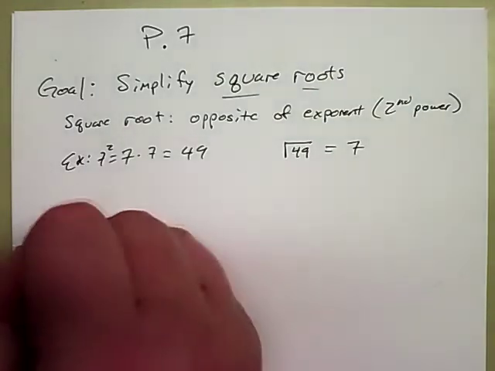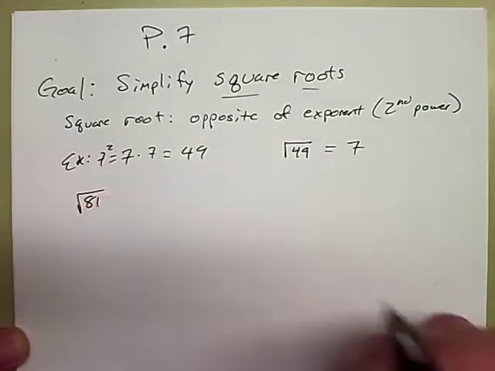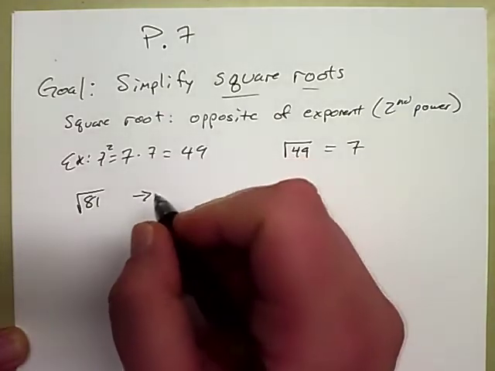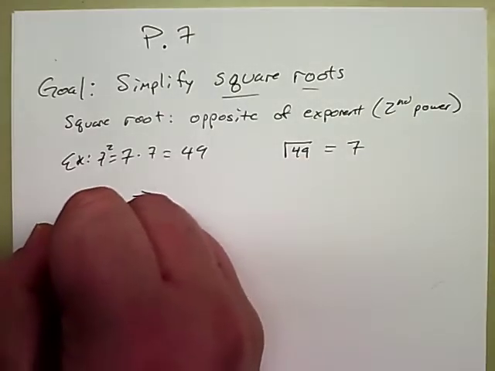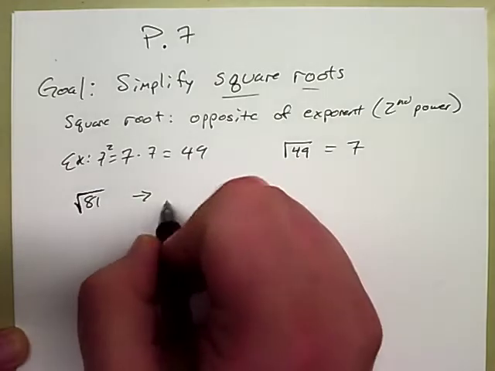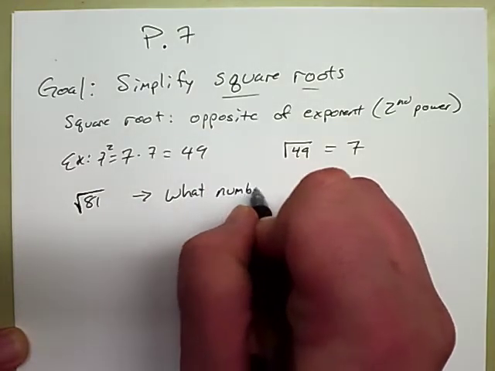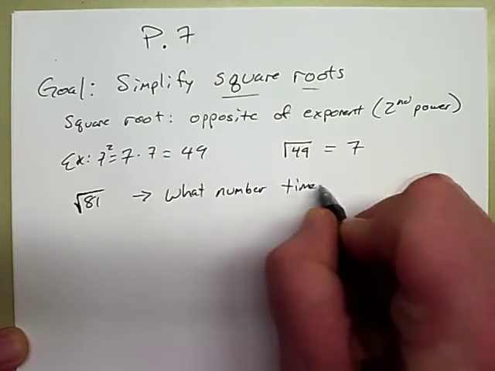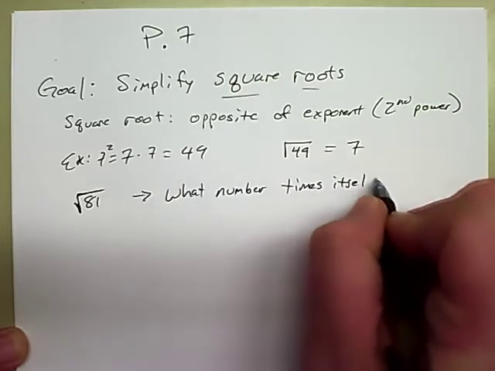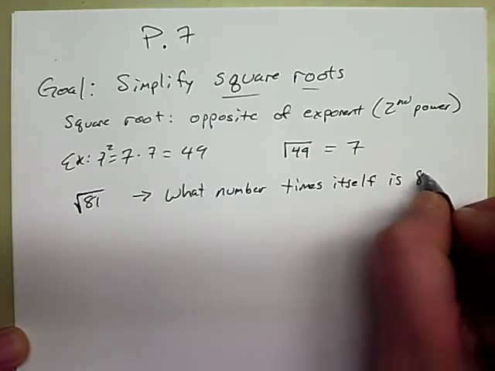If I'm looking at something like the square root of 81, when I see this symbol here, I'm asking myself, what number times itself is 81?